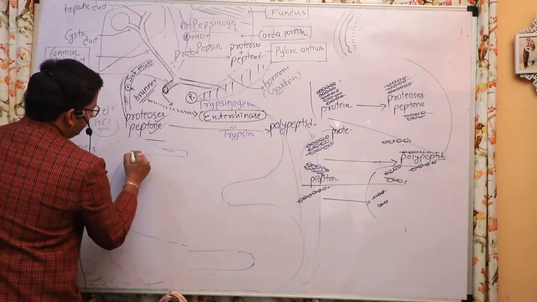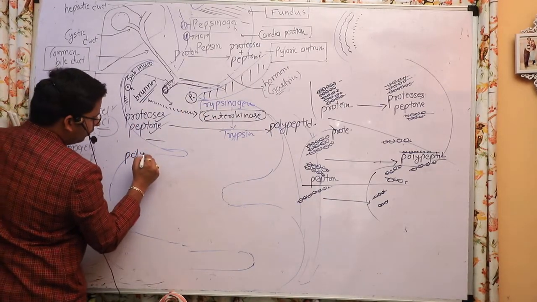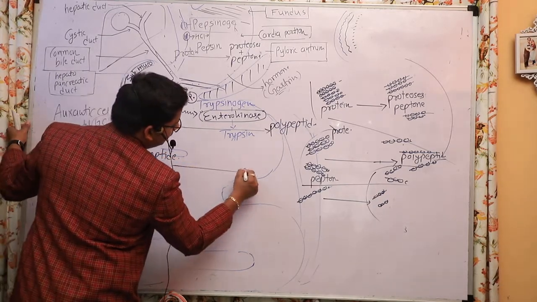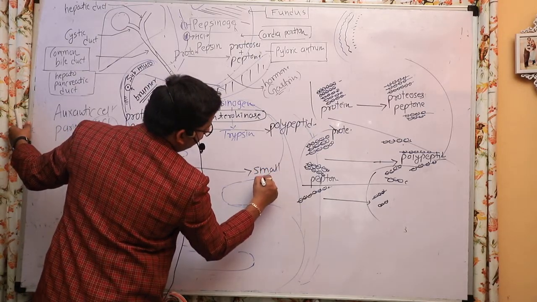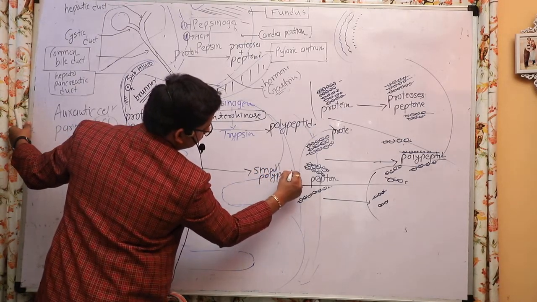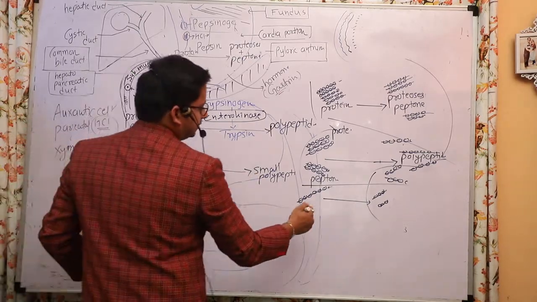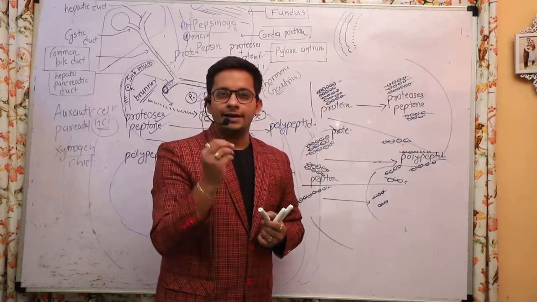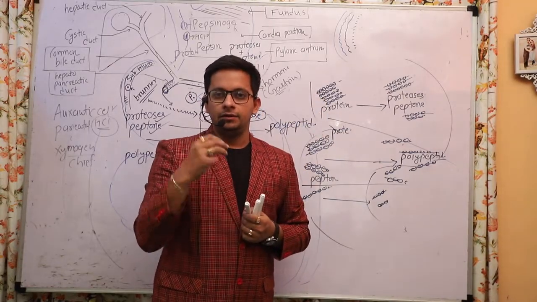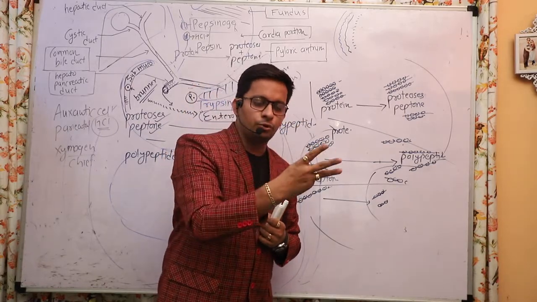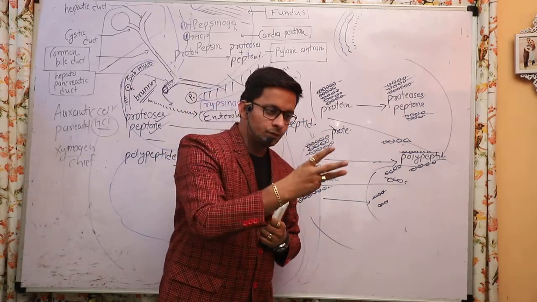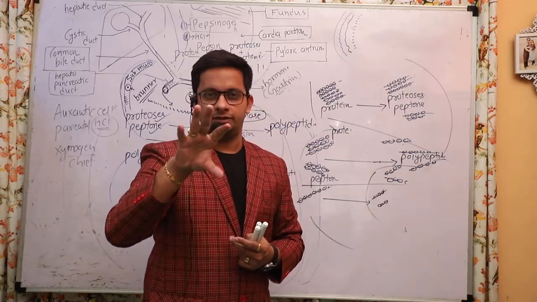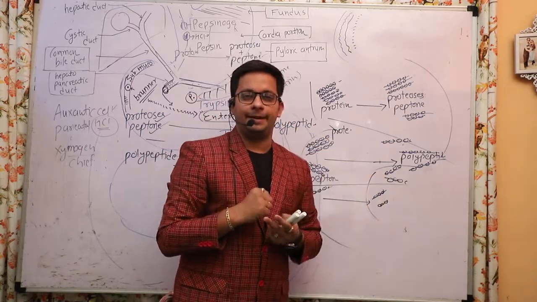You can see the structure in this rough figure. Proteoses were 5 joined polypeptides. Protein, the combination of 5 chains, converted into proteoses and peptone.